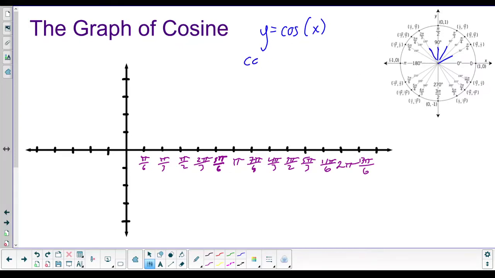Remember, cosine goes with the x value of these ordered pairs. So when we are at a specified angle, we look at our x value to find our value for cosine. Again, I'm going to do a 1/2 and then 1 and then negative a half, negative 1, just so we can space it out a little bit.